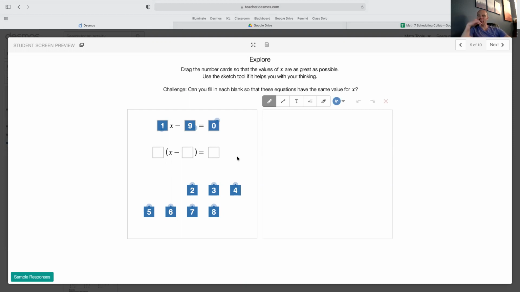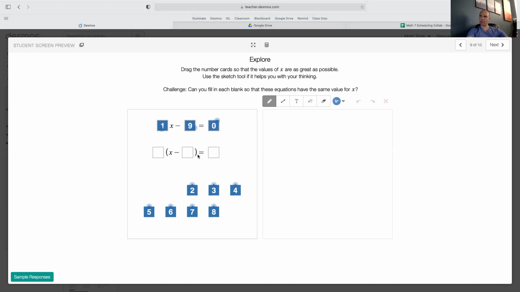So, because in this case, that essentially says x minus 9 equals 0. That means x has to equal 9. I don't think there's any way to get that first one to have an x value any bigger than 9. I could be wrong though. I haven't thought this through.